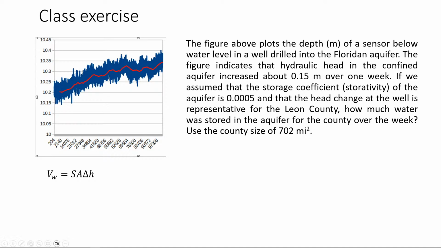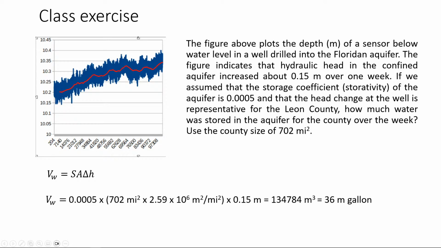So this is the time axis, and this is the change in hydraulic head. So the figure indicates the hydraulic head in the confined aquifer increased by about this much over 1 week. So that's 1 week of data. And you see over 1 week, what is delta H?